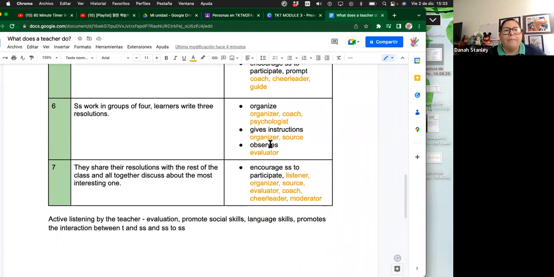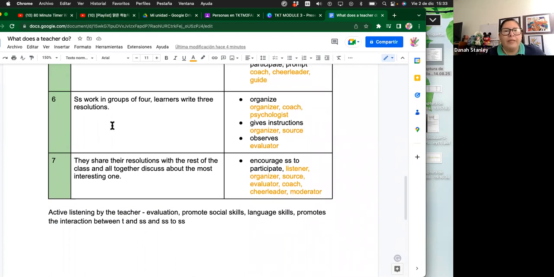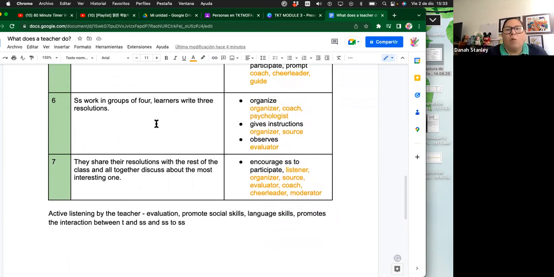Okay? Then, in activity number 6, the students work in groups of 4. Learners write 3 resolutions between them. So what I'm going to do is organize the students into teams, so I'm going to be an organizer and a coach. And according to what we analyzed yesterday about mixed ability groups, I'm going to be a kind of psychologist, no?